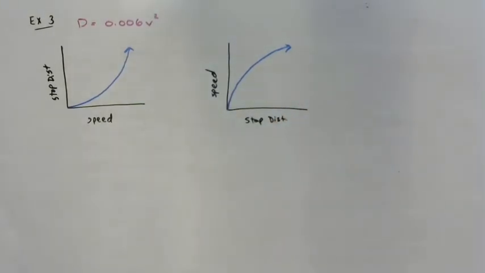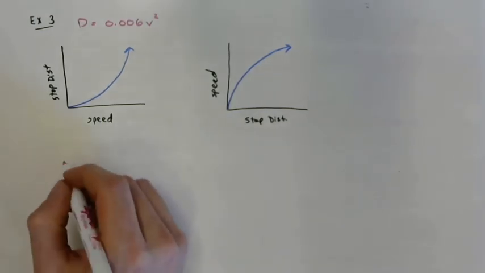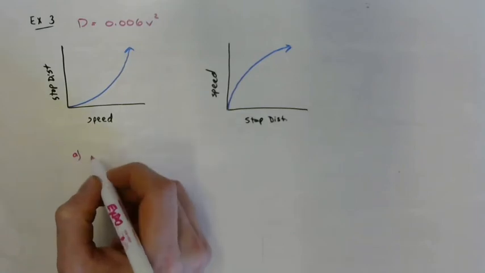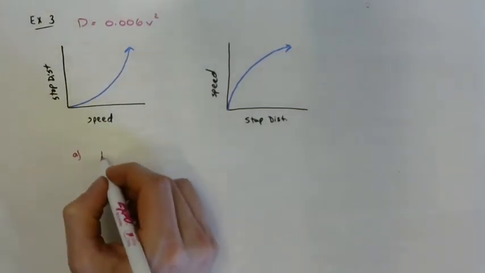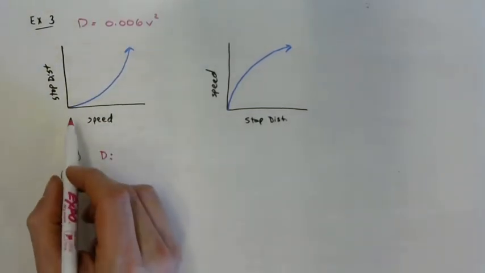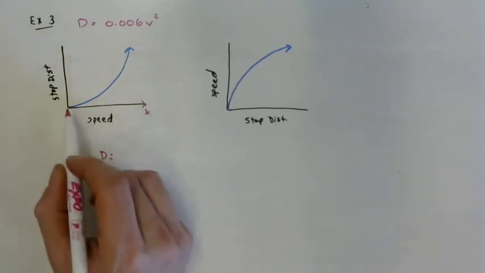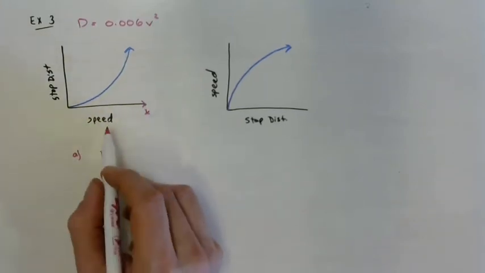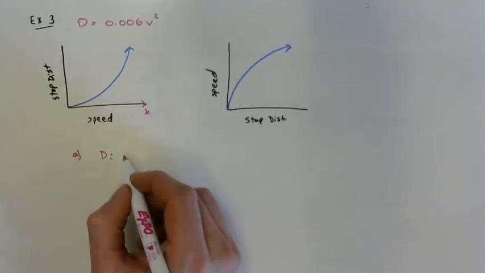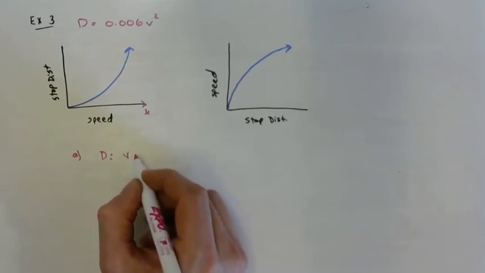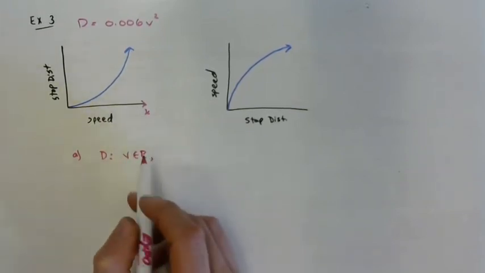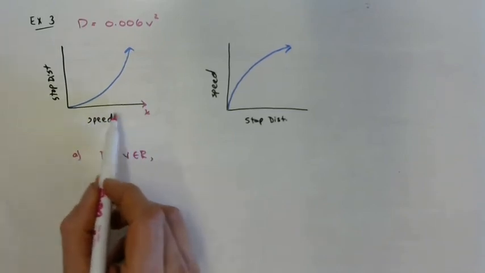Good. We are first talking about domain and range. So A: state the domain and range of function d. That's our original picture. What is the domain? That's all of the values of x that are put into the function. Speed, or velocity, comes from the set of real numbers. Any restrictions on the velocity here?